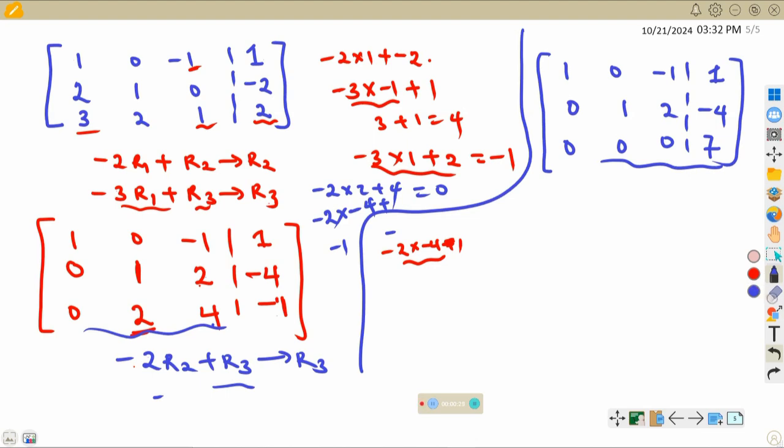So we can give the conclusion that it is not possible to get the values for alpha 1, alpha 2, and alpha 3, such that we are able to write W as a linear combination of U's.